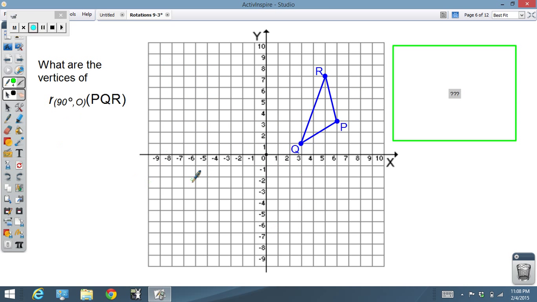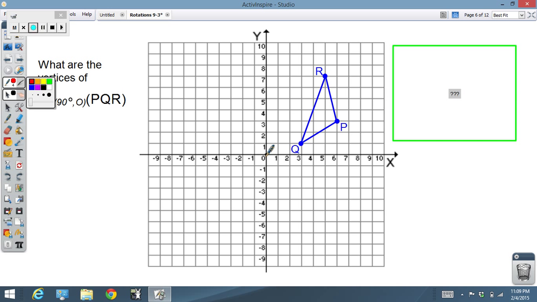So, the kind of problems we're going to have: what are the vertices of triangle PQR after a rotation of 90 degrees around the origin? Here's our thinking. Here's our pre-image. We know that the angle of 90 degrees has to be maintained.